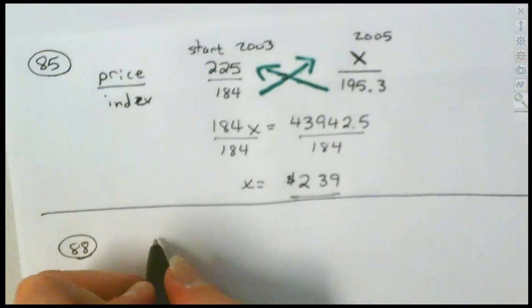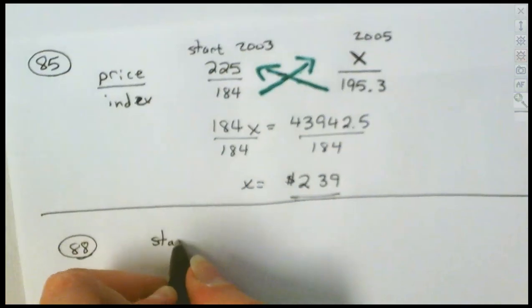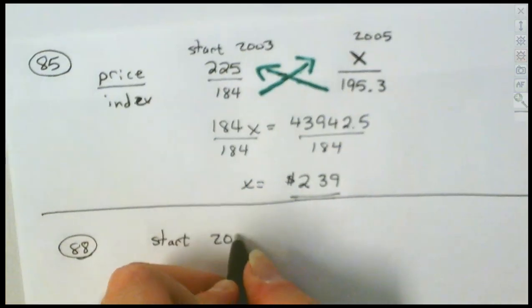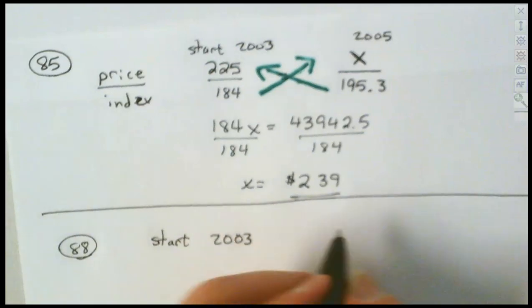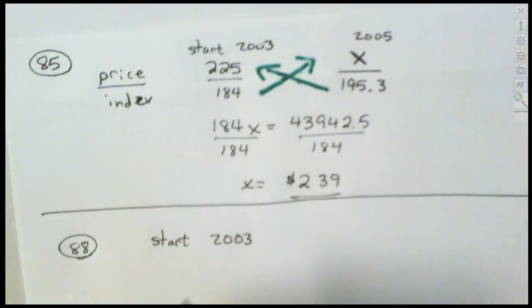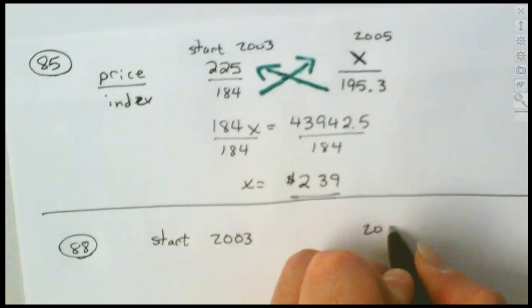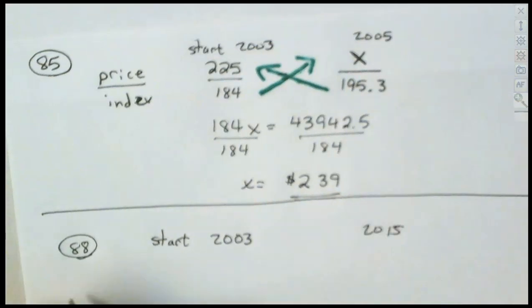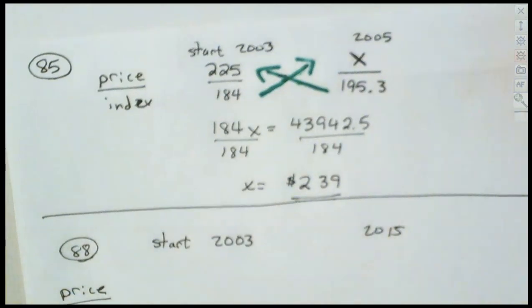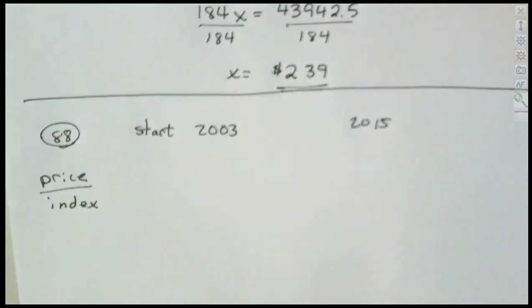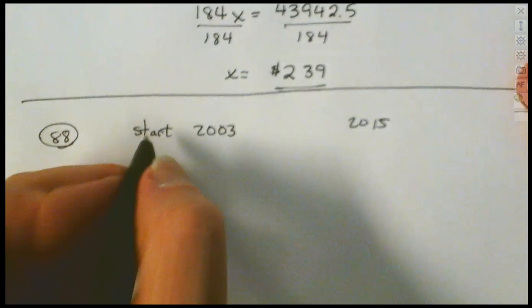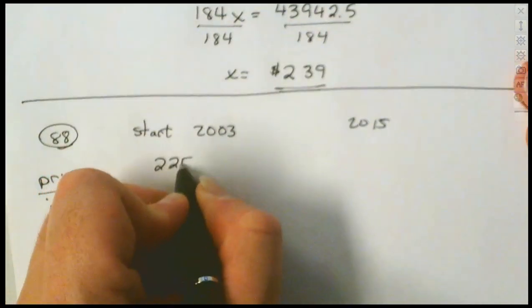So question 88. We're going to start again with 2003, and we want to end up with our cost in 2015. Price over index is what we do for our ratio. So in 2003, the electric bill was $225.